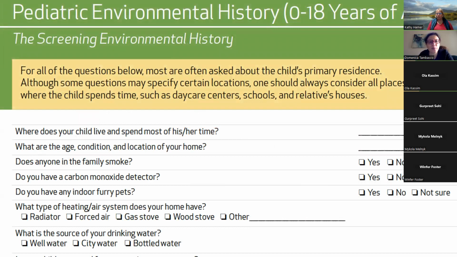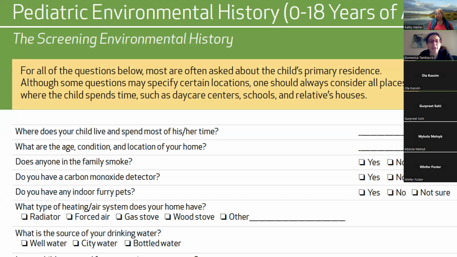And here is an example from a very useful website that I found called NEEF. And I believe that stands for National, actually, I don't know. Here it is. National Environment Education Foundation website. And this had a full, I believe it was 6 pages long, pediatric environmental history for 0 to 18 years of age. I just took a snapshot here of the first section of the screening environmental history.